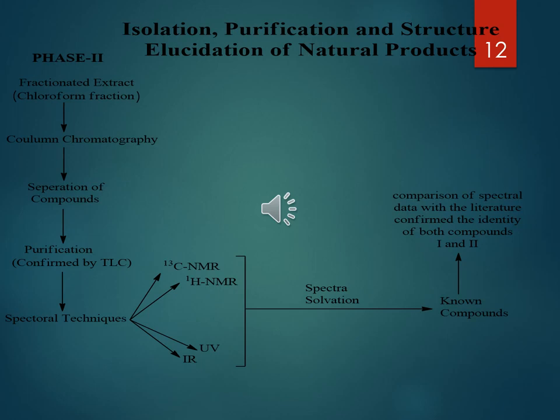So we choose the chloroform fraction, which is subjected to column chromatography for the separation of the organic compounds. Column chromatography is a technique carried out using a stationary phase and a mobile phase, and after elution of the column we get different kinds of organic compounds separated on the basis of the polarity system.